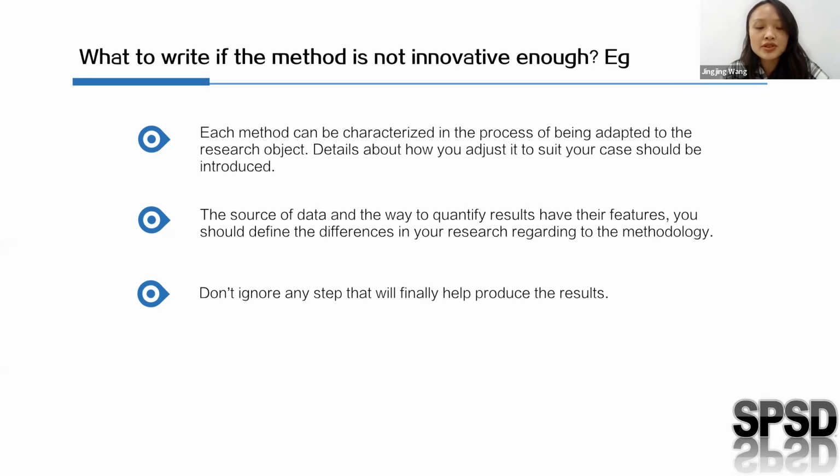And then you can introduce how you quantify the result, and how you define the difference of this place from any other places. All these problems should be well explained in your methodology part.